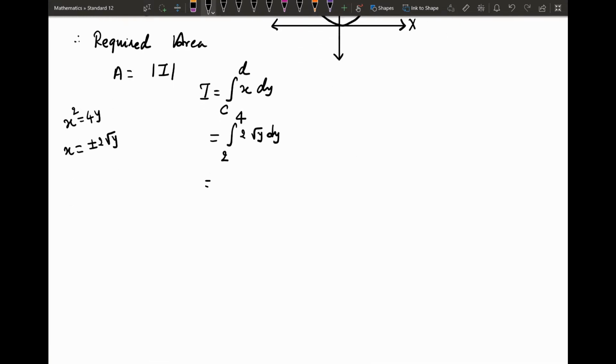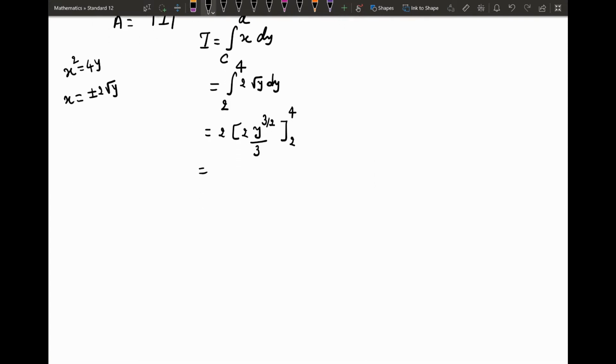Now this is an ordinary definite integral of root y, so y raised to 3 by 2 upon 3 by 2, from 2 to 4. Now we can simplify. 2 twos are 4 by 3. First put the upper limit, 4 raised to 3 by 2, minus the lower limit, 2 raised to 3 by 2.